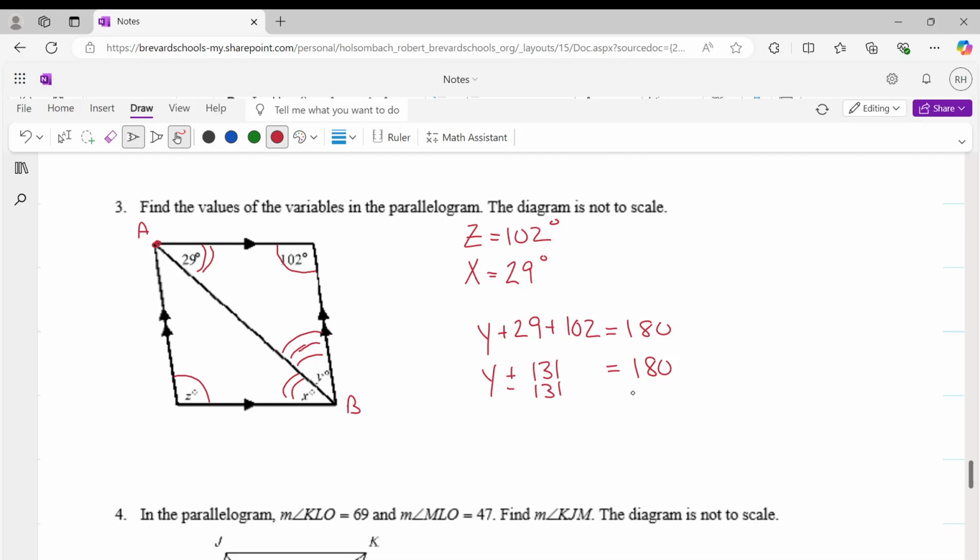Subtract 131 from each side. And our Y is equal to 49 degrees. All right, so there's the values of the variables in the parallelogram. X is 29, Y is 49, and Z is 102.